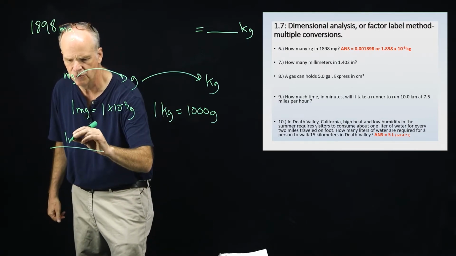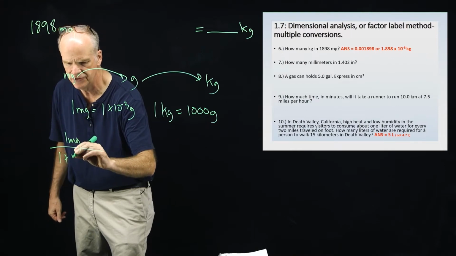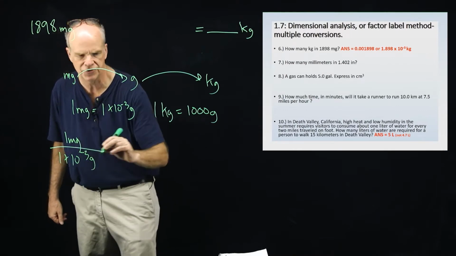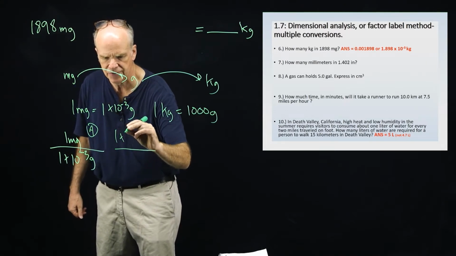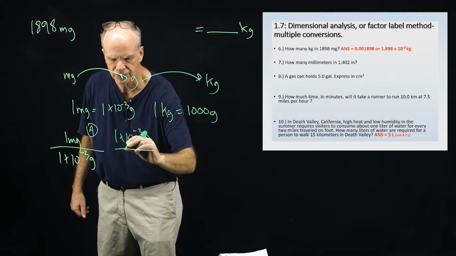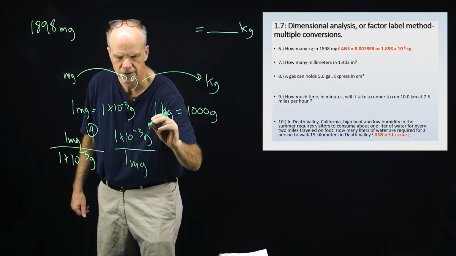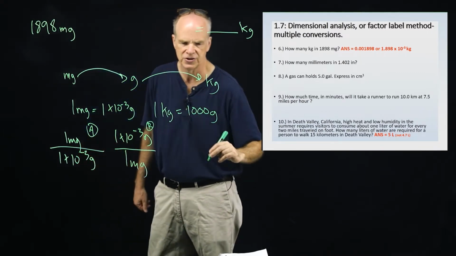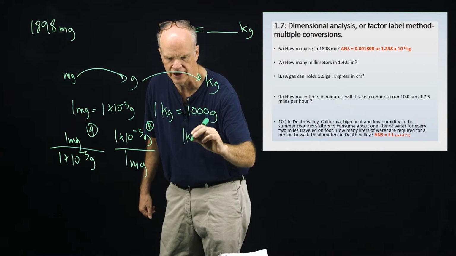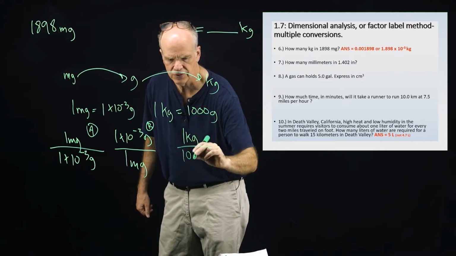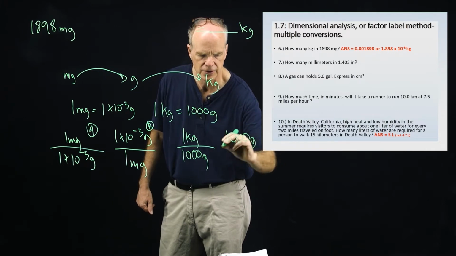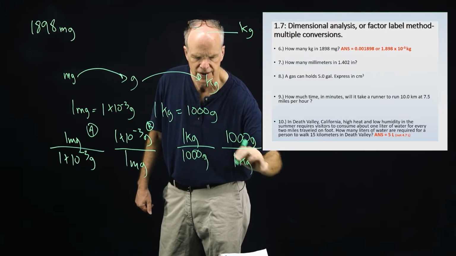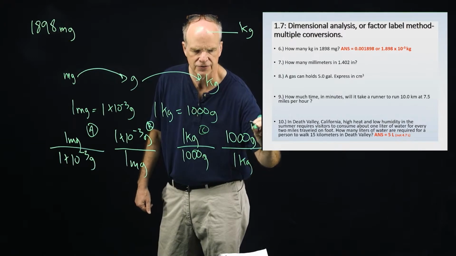One fraction is 1 milligram over 1 times 10 to the negative 3 grams. We'll call that fraction A. Another fraction is 1 times 10 to the negative 3 grams over 1 milligram. And for the kilograms, 1 kilogram over 1,000 grams, or 1,000 grams over 1 kilogram. We'll call these fraction C and fraction D.